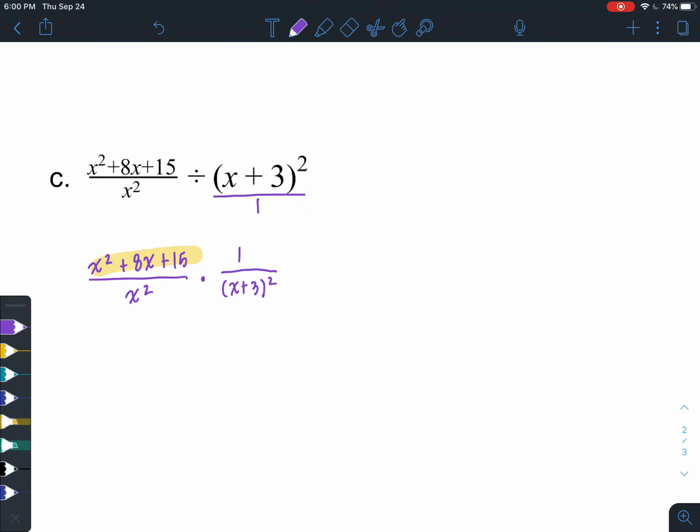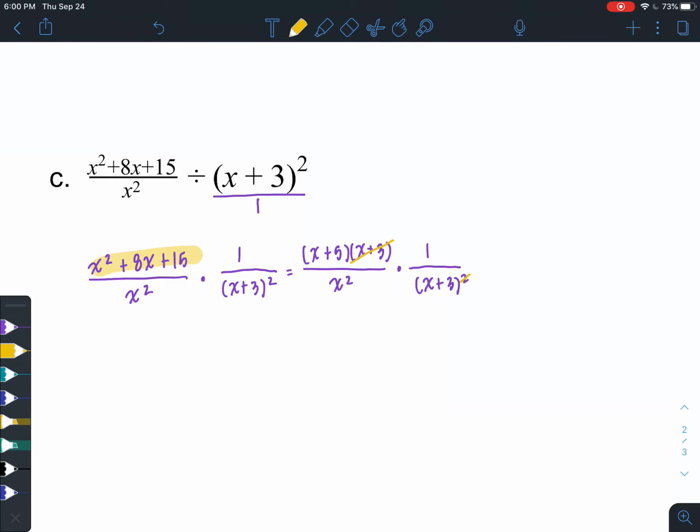I need two numbers that multiply to be 15 and add to be 8. Those numbers are 5 and 3, so I'm going to have (x plus 5) times (x plus 3) over x squared times 1 over (x plus 3) squared.